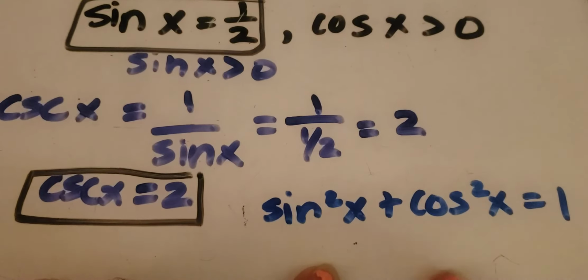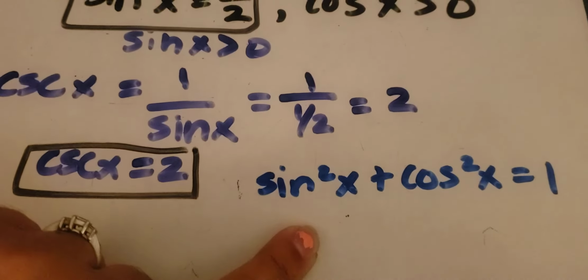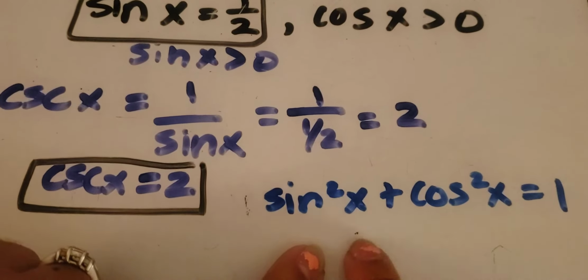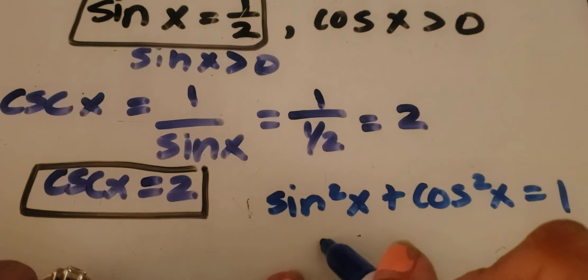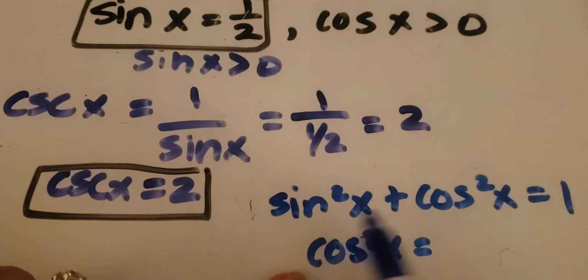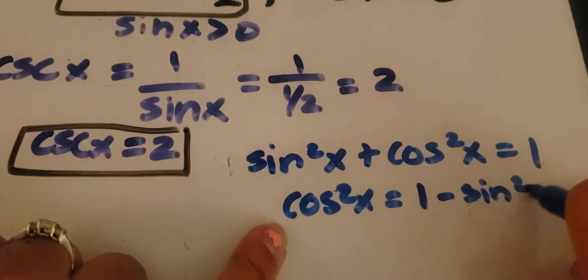The reason why I chose this one is since I know what sine is, I could probably find cosine. Let's isolate cosine, okay? To isolate cosine squared x, I would subtract sine squared x from both sides. So I would get 1 minus sine squared of x.